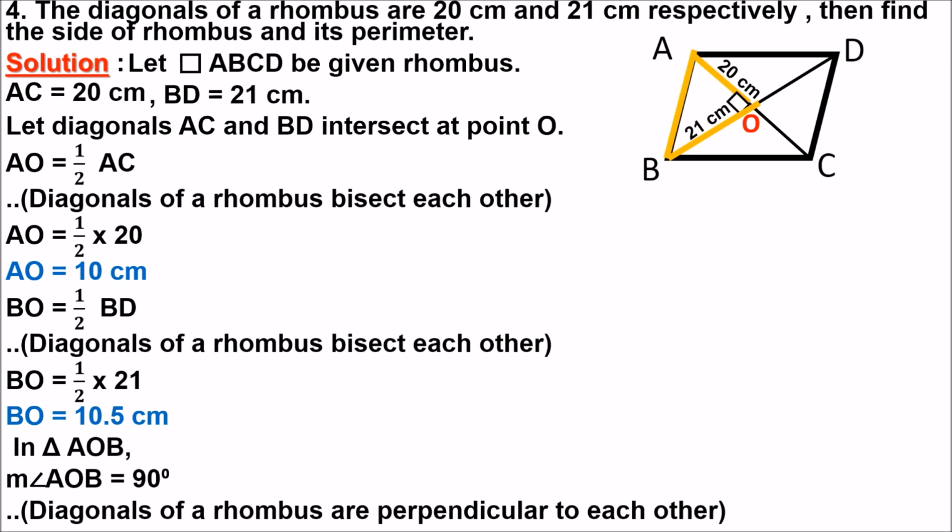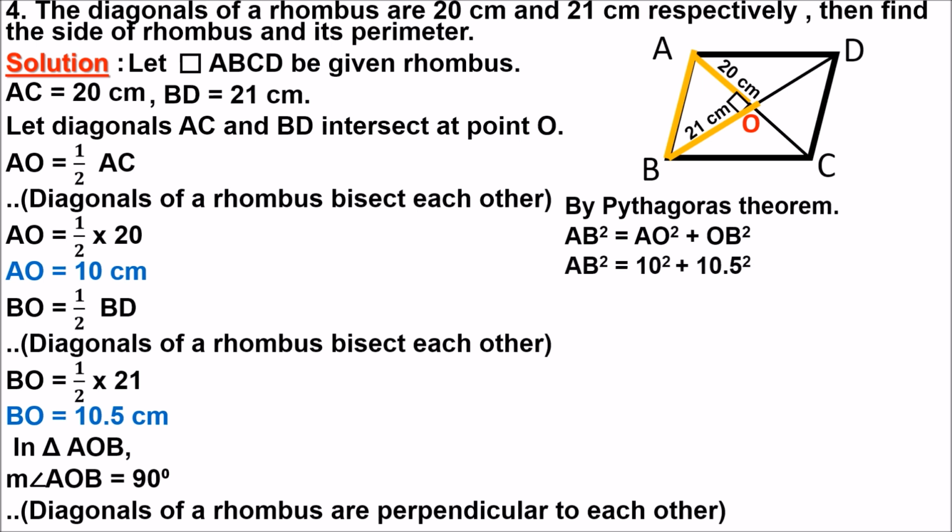Now we are going to apply the theorem of Pythagoras in triangle AOB. So by Pythagoras theorem, square of hypotenuse equals one side square plus other side square. That is AB square equals AO square plus OB square. Now we will substitute the value of AO, that is 10, and the value of OB, that is 10.5.